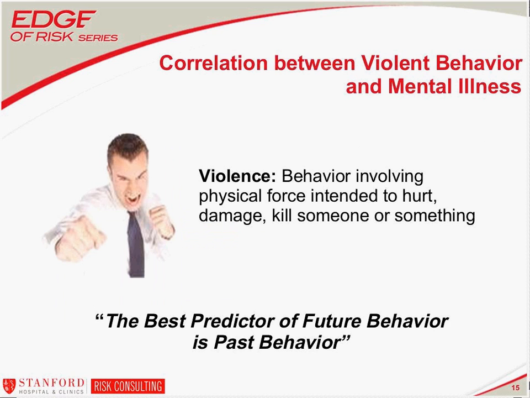Violence may be generally defined as behavior involving physical force intended to hurt, damage, or kill someone or something, and the greatest risk factor for violence is a history of past violence in the immediate past, recent past, or distant past. This is consistent with the axiom, the best predictor of future behavior is past behavior.